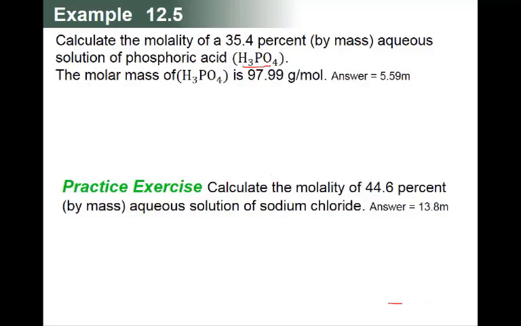This is phosphoric acid here, H3PO4 is equal to 35.4%, means out of 100. So this will be changed into gram. Directly we say 35.4 gram, and the gram will change into mole because we want to convert into molar.